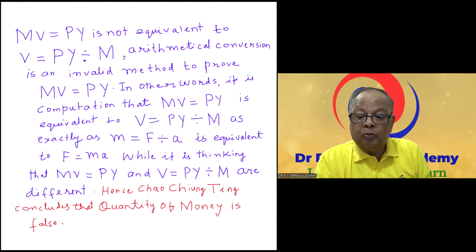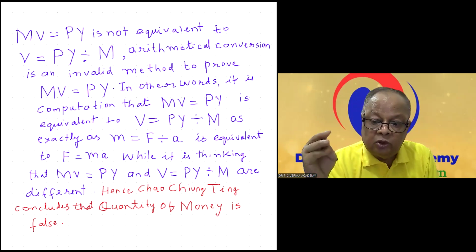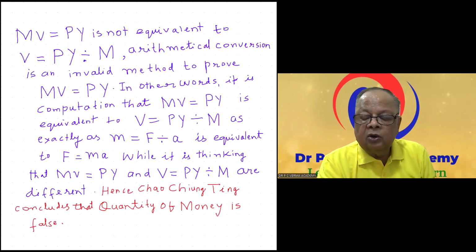Fisher has taken open economy in a case of balance of trade, that means export is equal to import. In that case, one equation, the Fisherian equation, will be valid in the domestic economy, closed economy, and in the open economy.